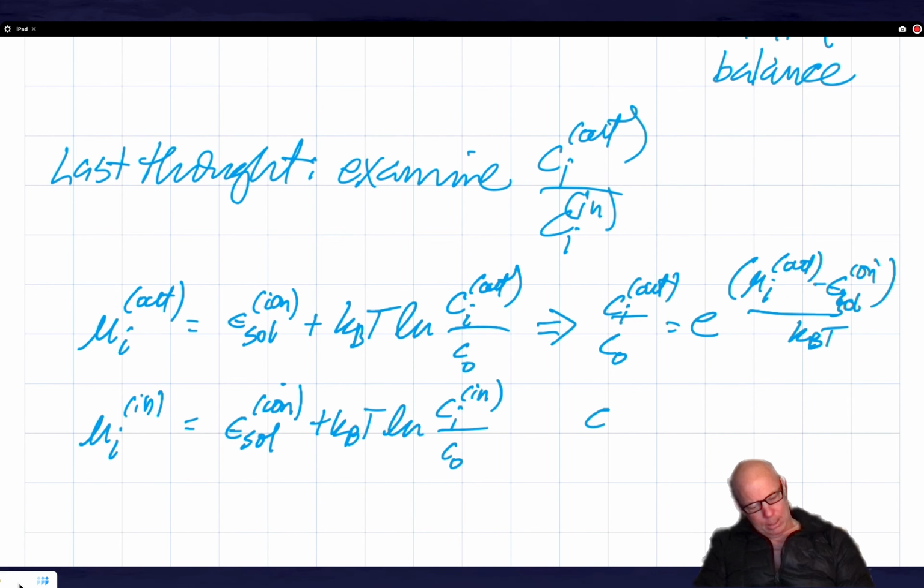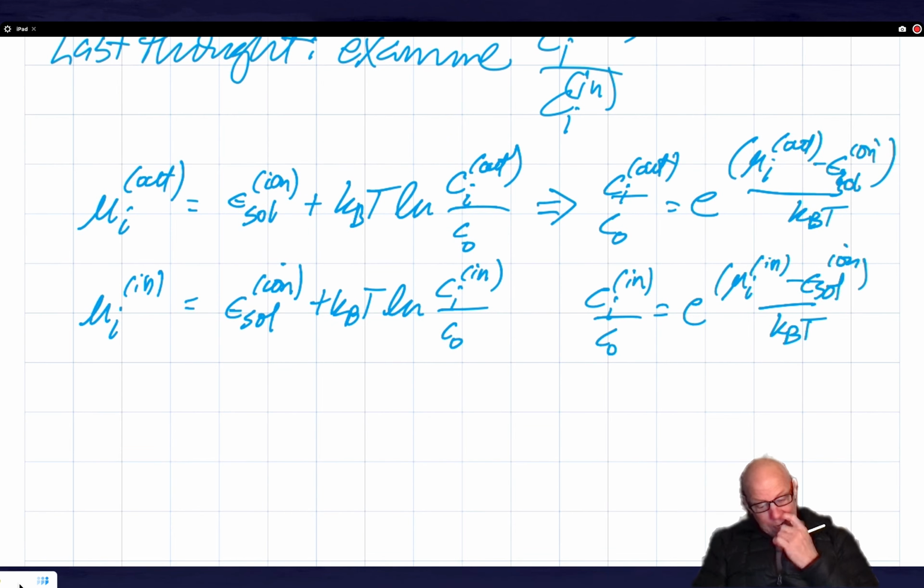And similarly, c_ion in over c naught is equal to e to the mu_I in minus epsilon solution ion, again divided by kBT.